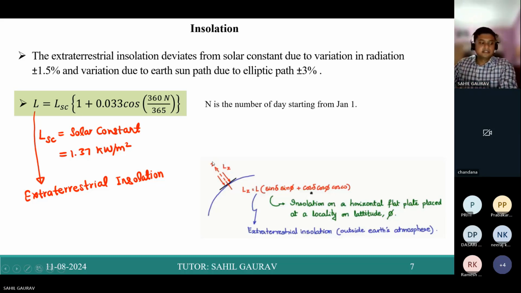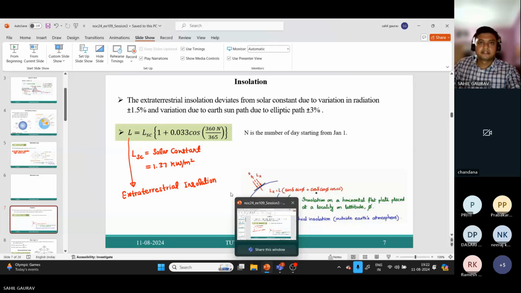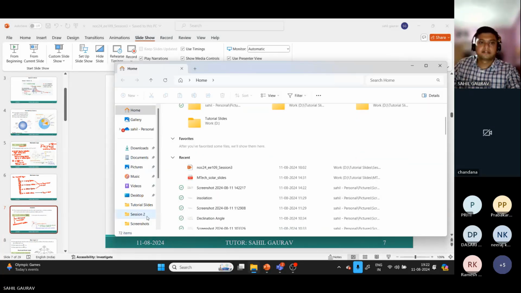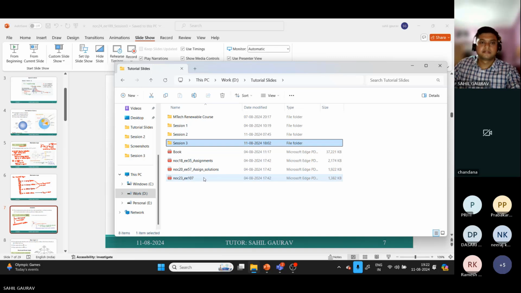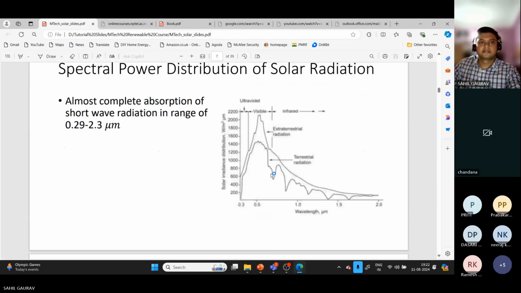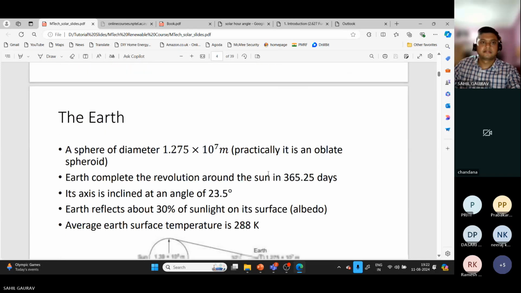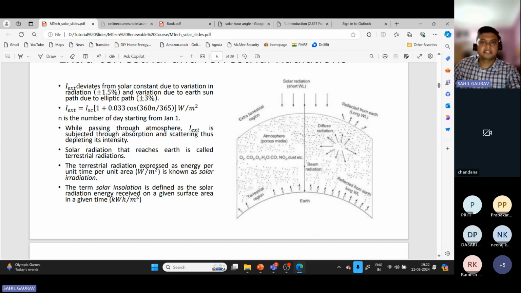Okay. If you see the insolation, irradiance, then I think, you have asked the difference between insolation and irradiance, right?